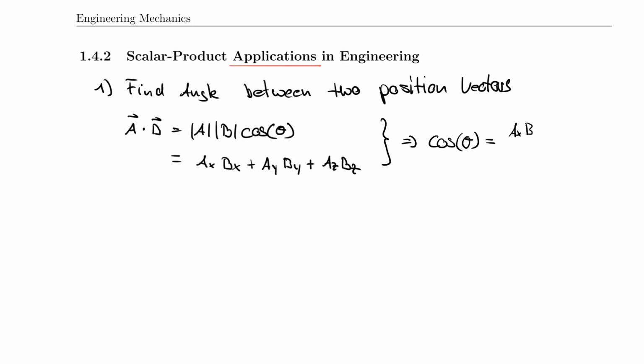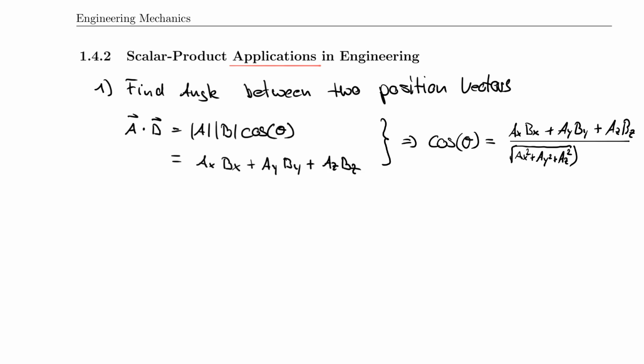AX BX plus AY BY plus AZ BZ, and the whole thing divided by A magnitude and B magnitude. And remember that the magnitude of a vector, or even in 3D, is just the Pythagorean theorem. So I have AX squared plus AY squared plus AZ squared, and then square rooted.